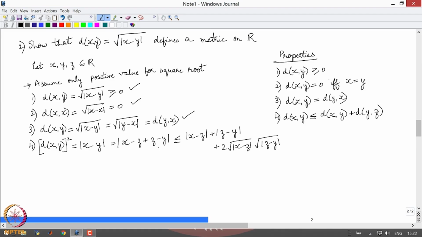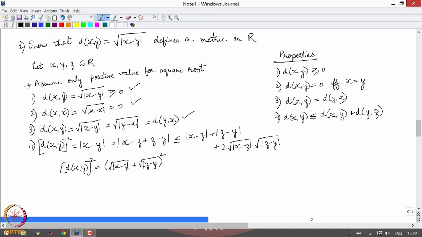So, now I can write it as the square root of the absolute value of x minus z plus the square root of the absolute value of z minus y, whole squared.